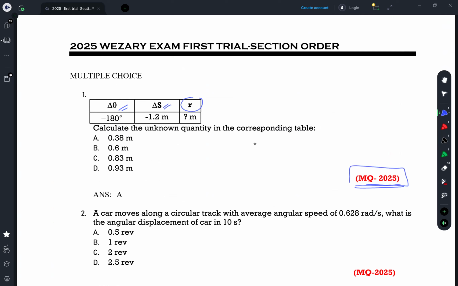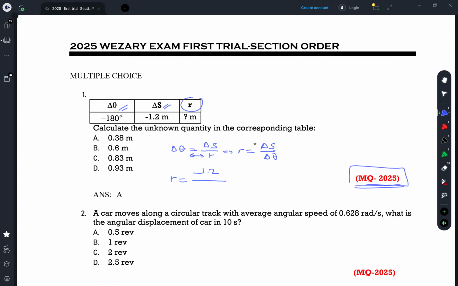We know delta theta is equal to delta S over R. R is the unknown, so I'm going to rearrange: R is going to be delta S over delta theta. So now let's calculate R. Delta S is given as negative 1.2 meters.